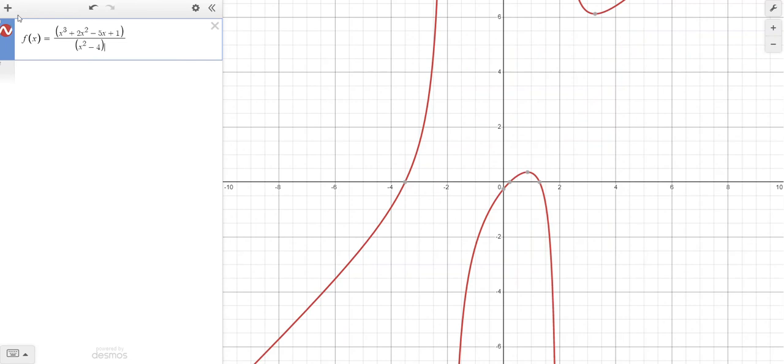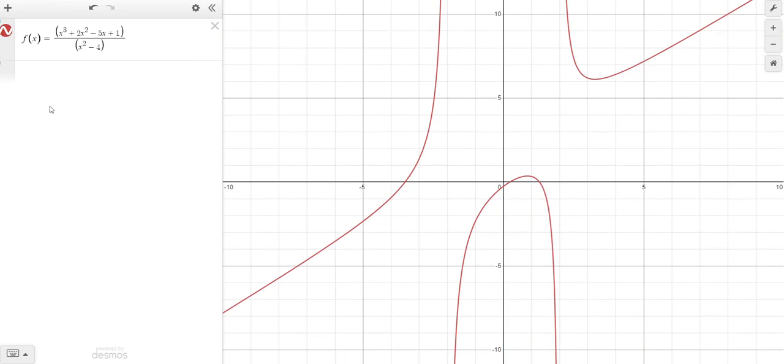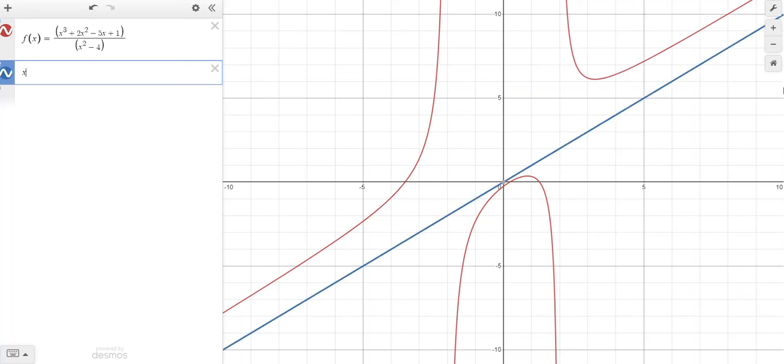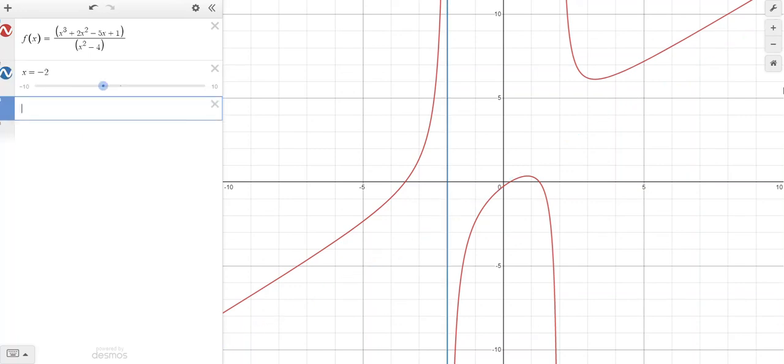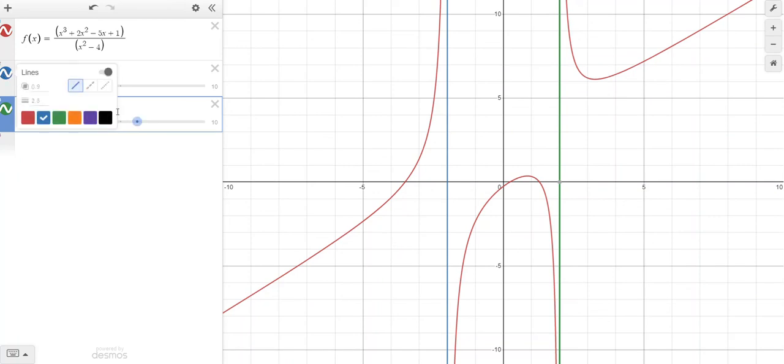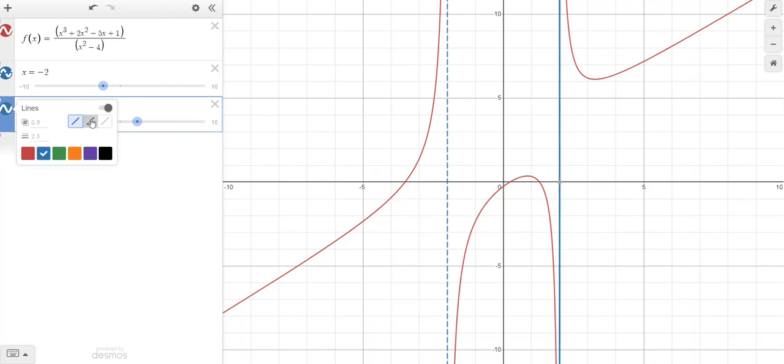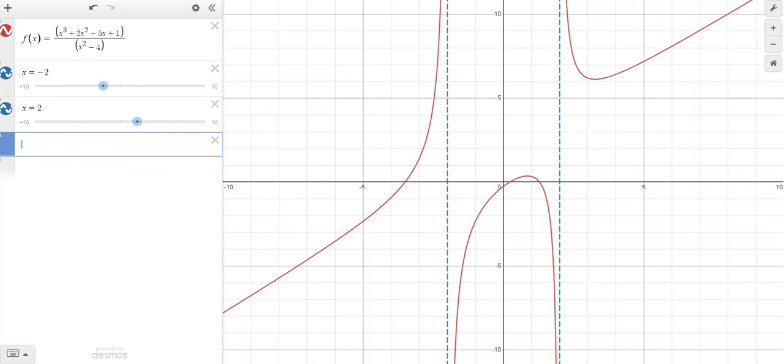And let's see, I might want to see a little bit more here. There we go. And let's add our asymptotes. Verticals at x equal negative 2 and at x equal positive 2. And then the slant asymptote, y equals x plus 2.